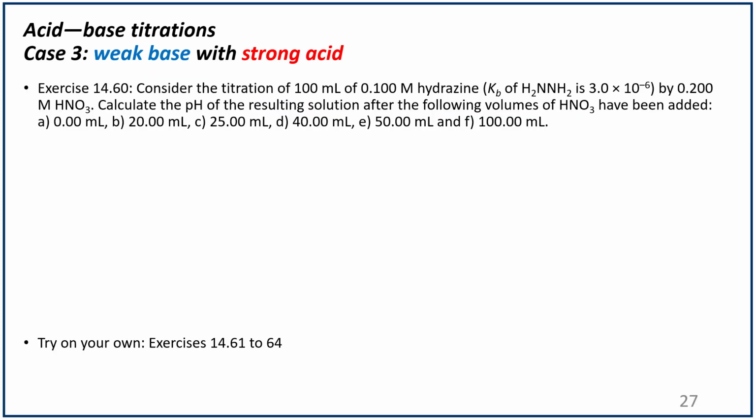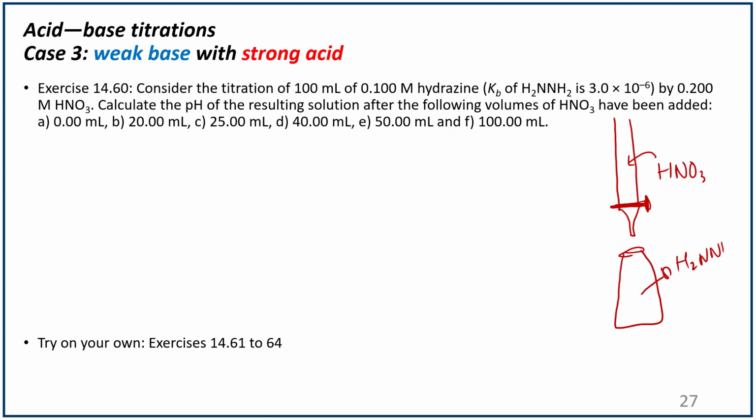What if you have hydrazine, another weak base, and you titrate it with a strong acid, nitric acid? Let's just draw what we have here. If this is the burette, since we are titrating hydrazine with nitric acid, the nitric acid should be in the burette, that is the titrant, and in the Erlenmeyer flask is the hydrazine, N2H4.